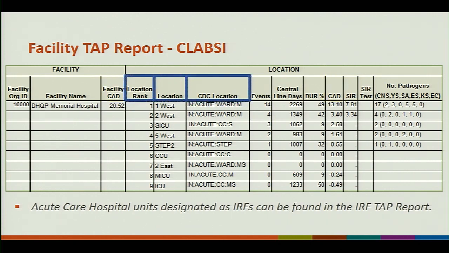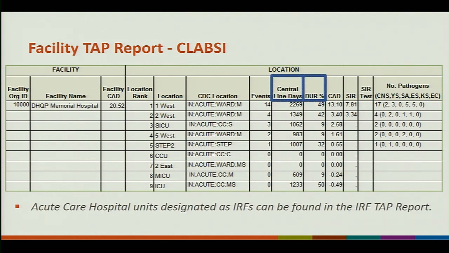Okay, so moving to that location section, we get our location rank, our location, and CDC location code, which is all going to tell us about the type of location that's populating our report. So that gives you an idea of where your burden of excess infections are. This is followed by your events, your central line days, and device utilization ratio.